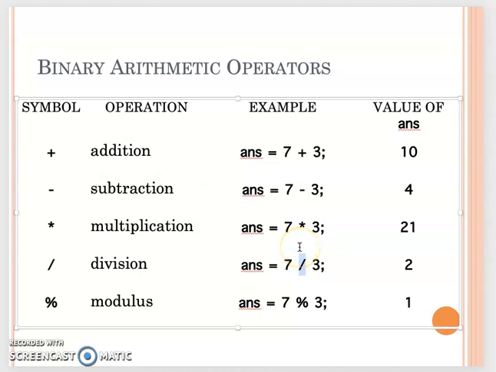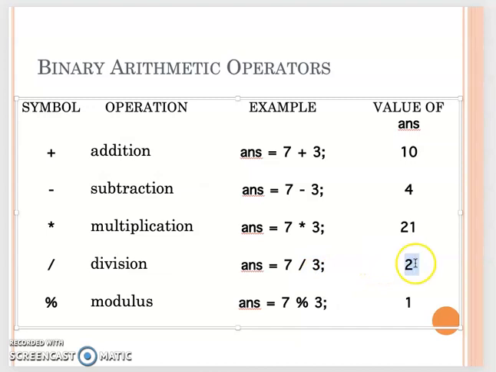When you have integer divided by integer, your result is still only an integer. So 7 divided by 3, the quotient is 2. There may be a remainder, but the quotient only picks the 2. It won't continue into decimals. The reason is 7 is an integer, 3 is an integer, so the data type is still int.